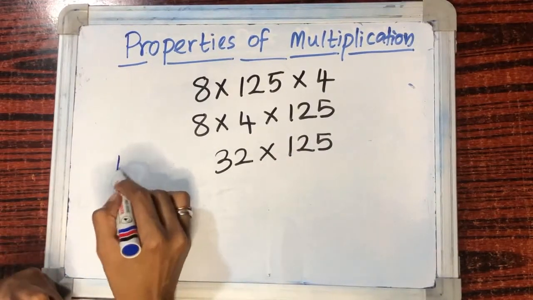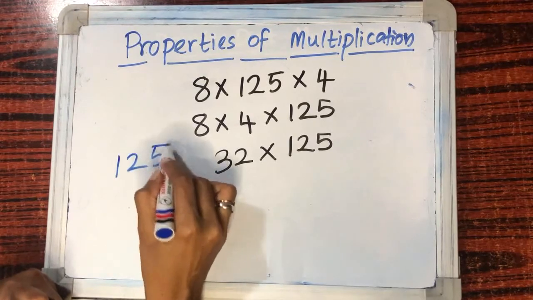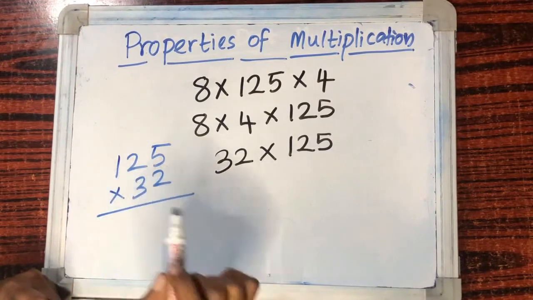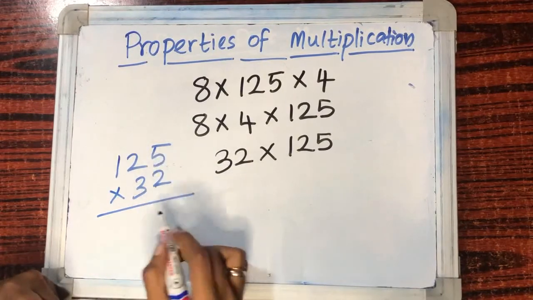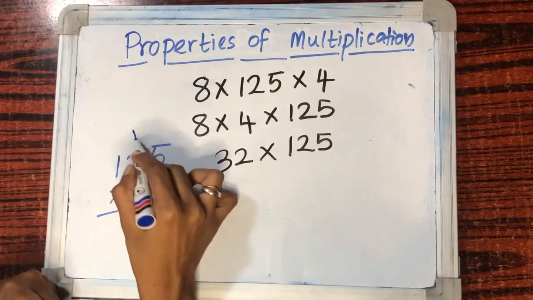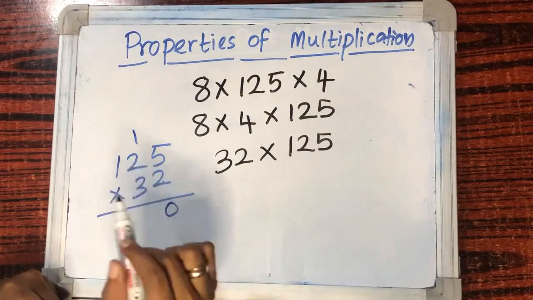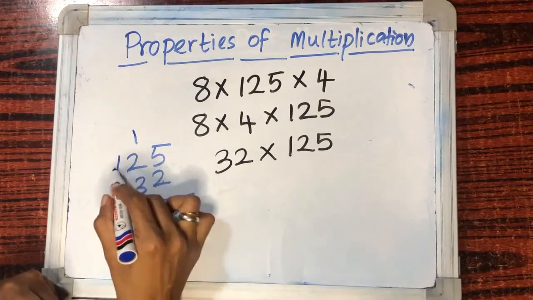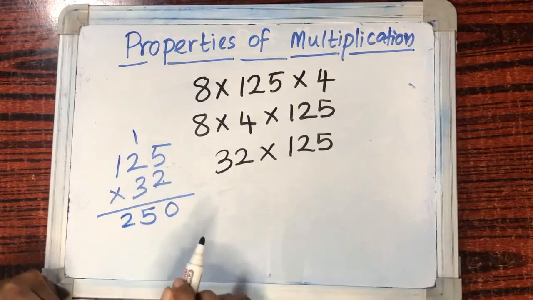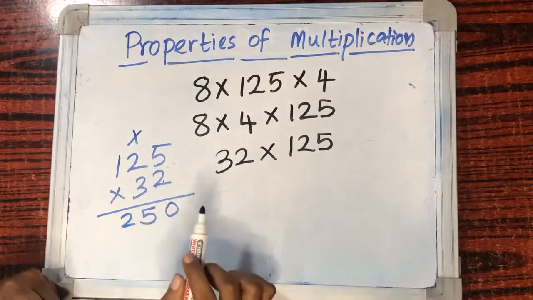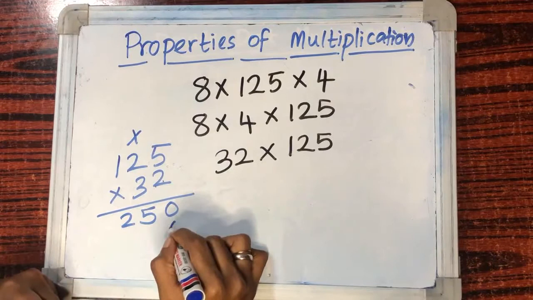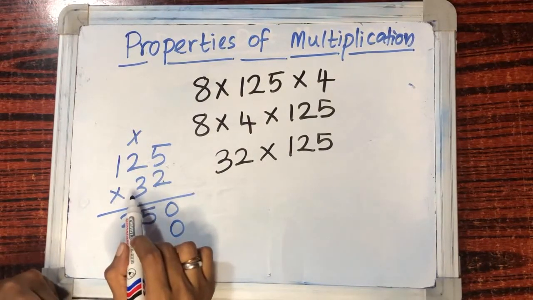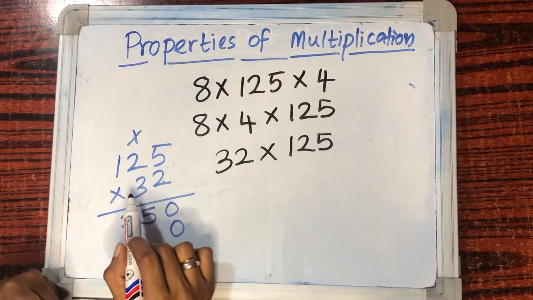Let's say 125 times 32 multiplication. 2 times 5, 10. 2 times 2, 4 plus 1, 5. 2 times 1, 2. Now we cut the numbers at the top, put a 0 in the units place, and then multiply the number in tens place.